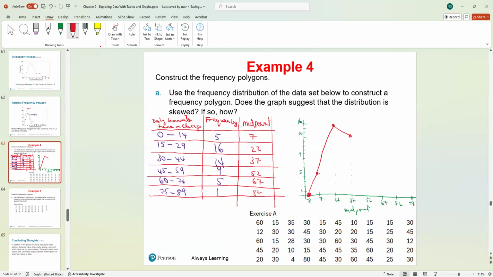Now, 52 is 9. 67 is what again? It is 5.